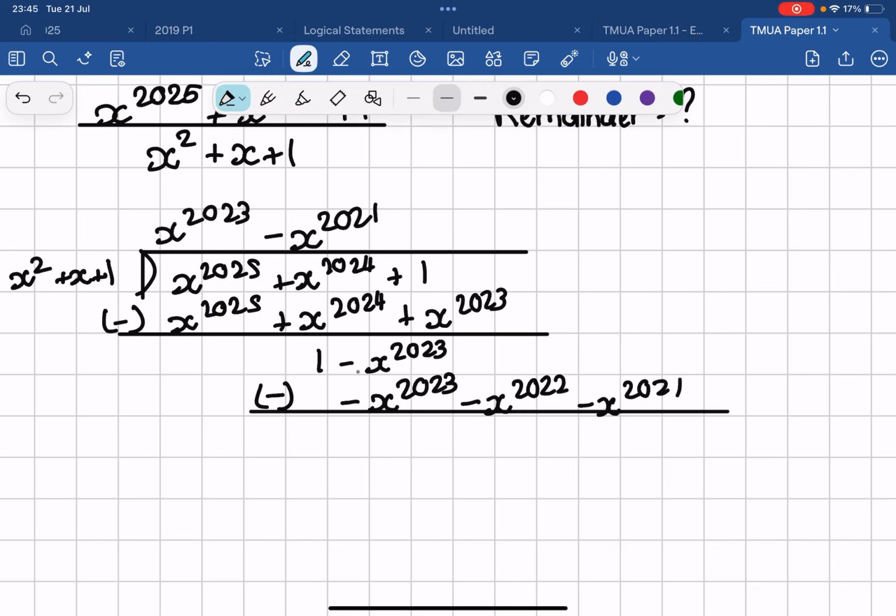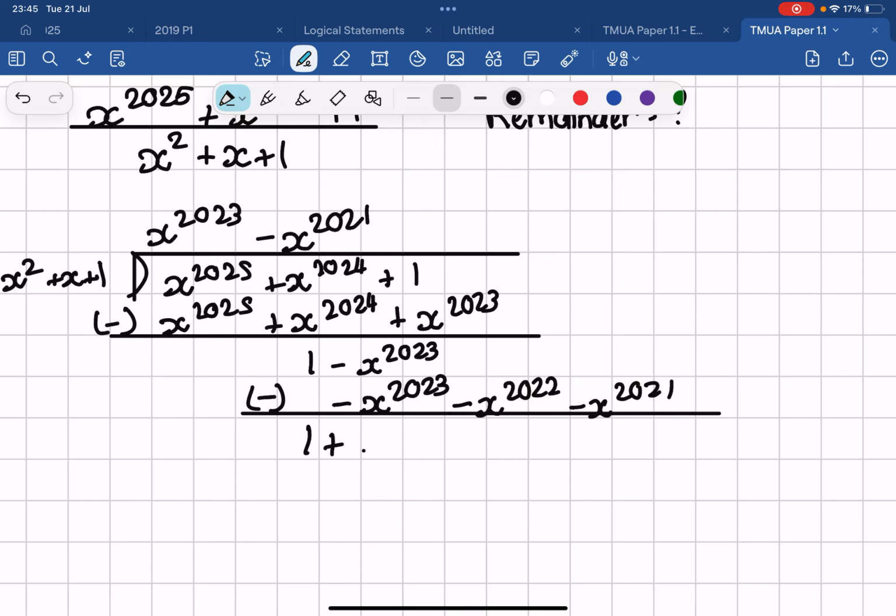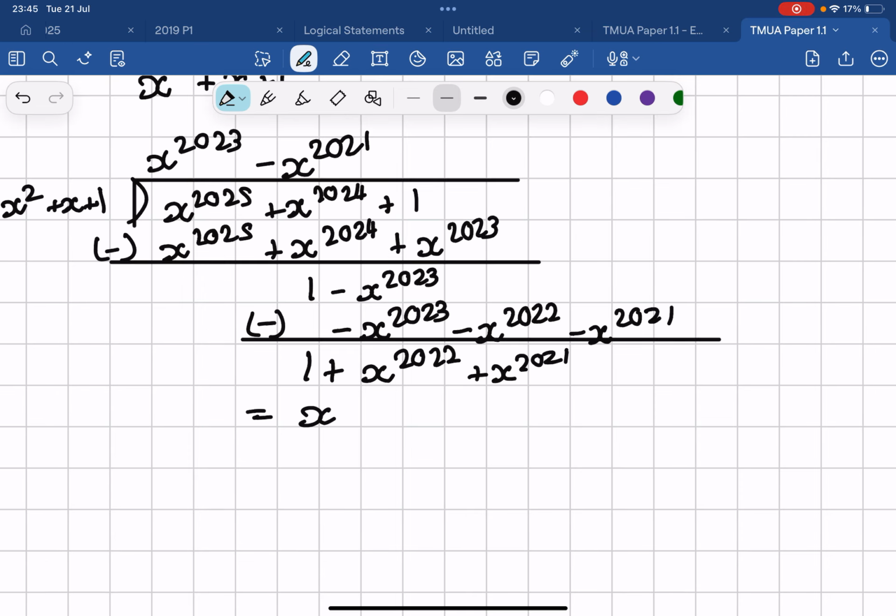So the x to the 2023 terms cancel, so we have 1 plus x to the 2022 plus x to the 2021, and if we make the powers descend, we have x to the 2022 plus x to the 2021 plus 1.